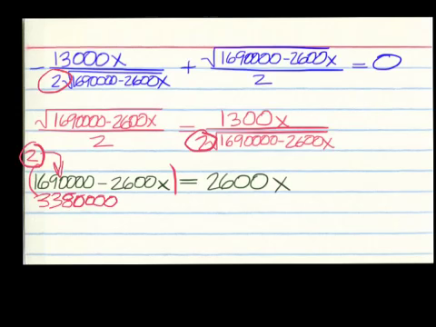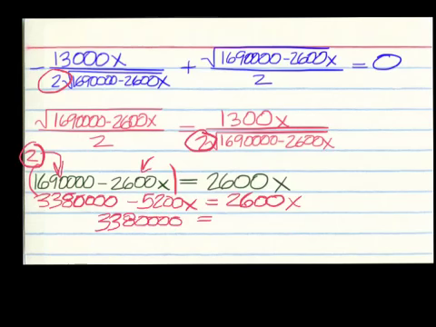So from that point, we can keep the 3,380,000 and move the minus 5200x to the right side and make it plus 5200x. And that would give us a 7800x.